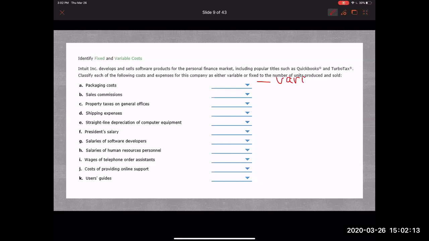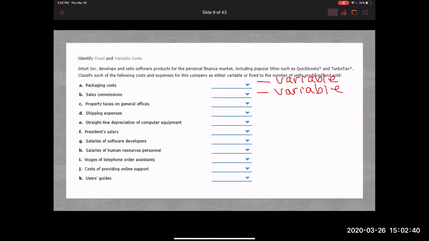Now the cost of shipping may be a flat rate, but your packaging cost just depends on the number shipped. Sales commission will likely be variable because it depends on how much the salesperson sells, and the more they sell, the higher their commission. Those are all examples of variable cost.